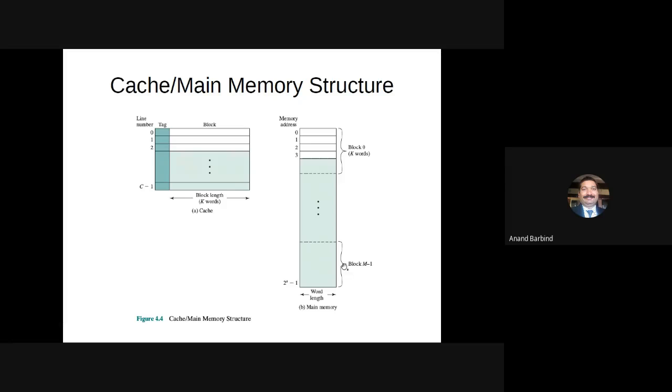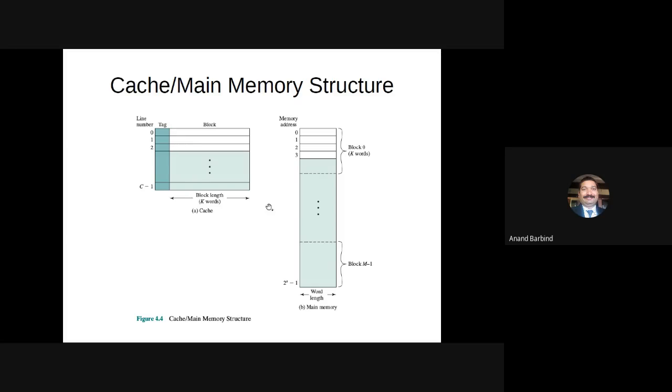The number m is much larger than the number c. So some of the blocks from the main memory which are currently being required by the CPU are kept in this cache memory.